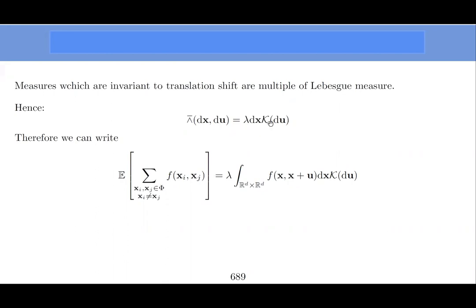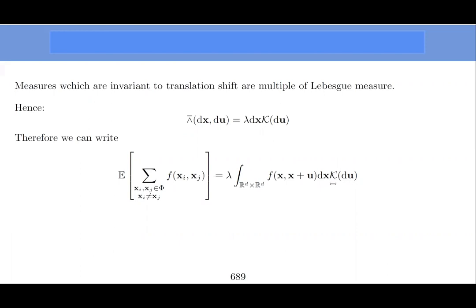So I'm denoting the new measure as K(du), such that the number of pairs in this interval dx times du is given as the total number of points in the first set multiplied by some number which depends on the second set. Therefore we can write this as lambda f(x, x plus u) dx K(du).